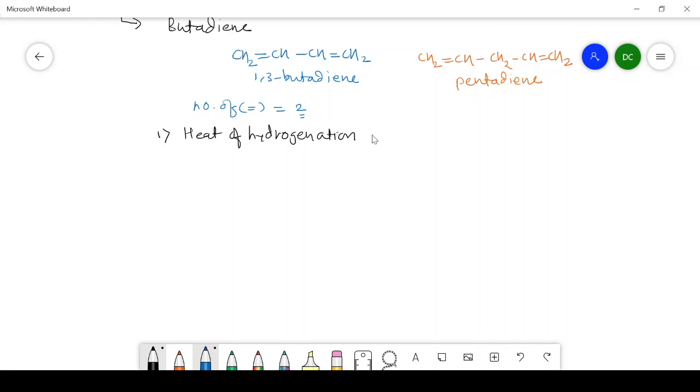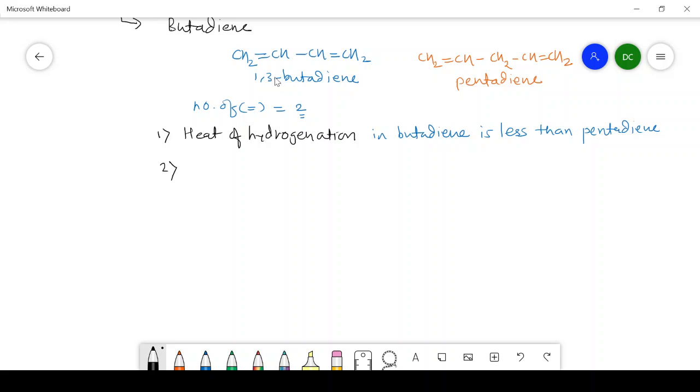But it is observed that the heat of hydrogenation in butadiene is less than pentadiene. Why are we comparing these two compounds? Because the number of double bonds is the same, but here butadiene has less heat of hydrogenation than pentadiene by 3 calories per mole.